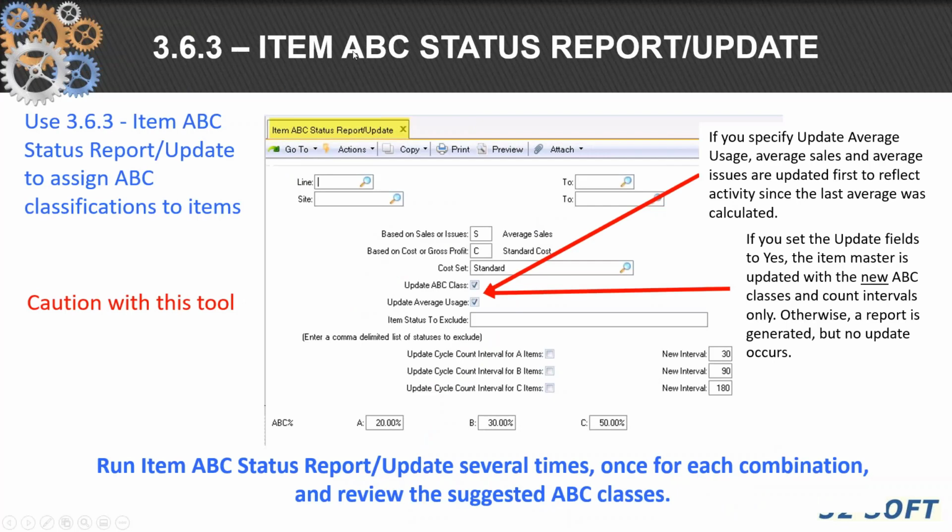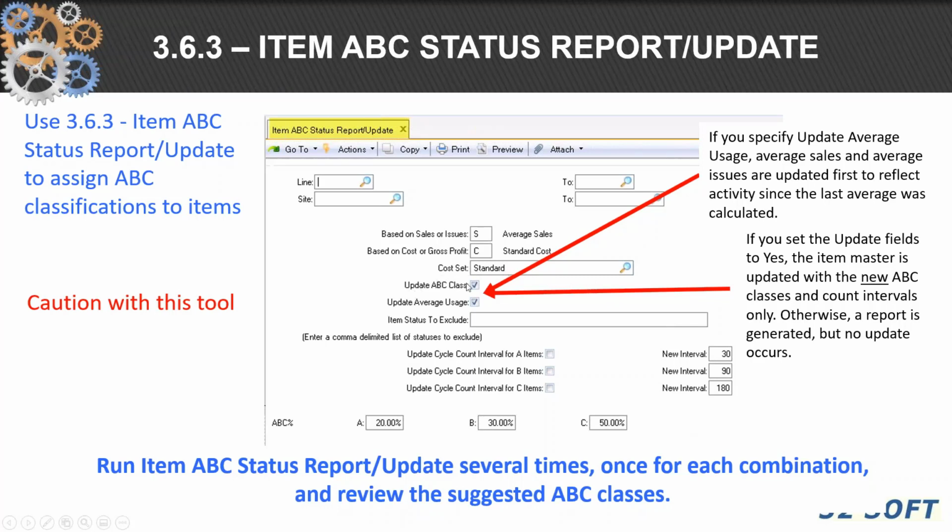You can also use 36.3 or 3.6.3, the item ABC analysis report and update. This you can run. I'd advise you run it several times for all different kinds of combinations.